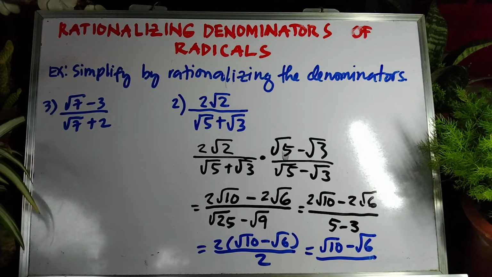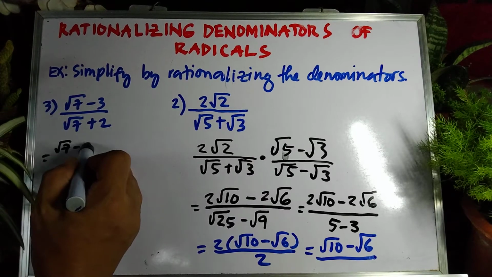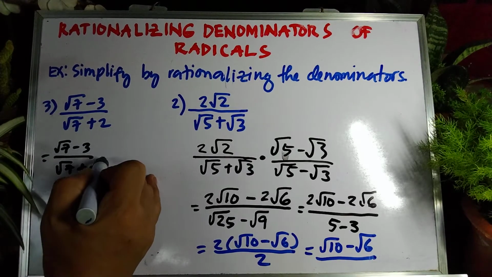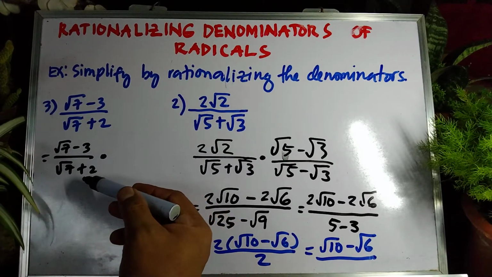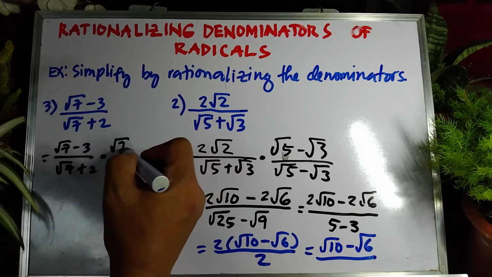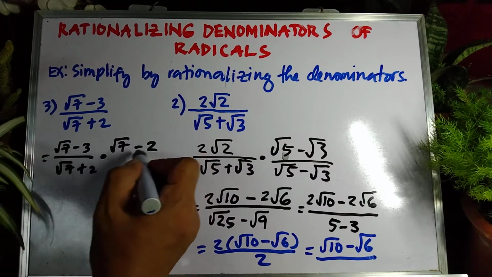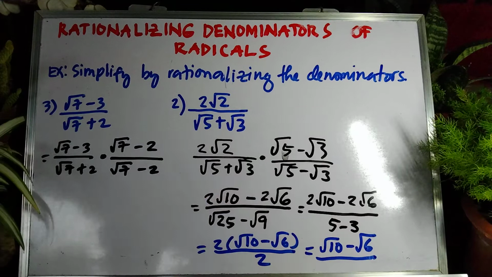So, this becomes the square root of 7 minus 3 over the square root of 7 plus 2, times the conjugate of the denominator: the square root of 7 minus 2 over the square root of 7 minus 2.